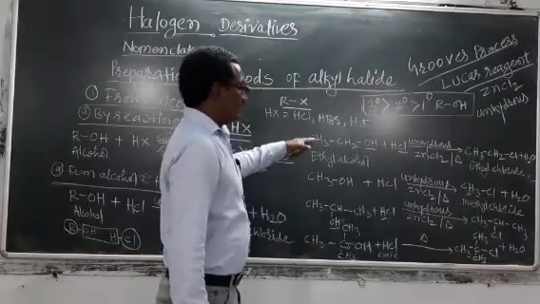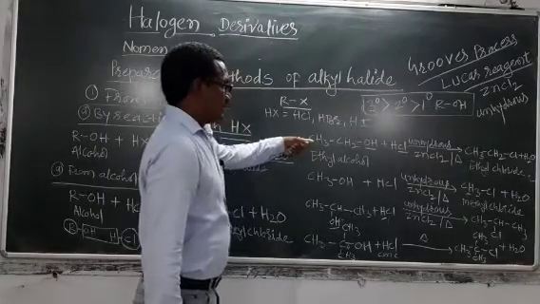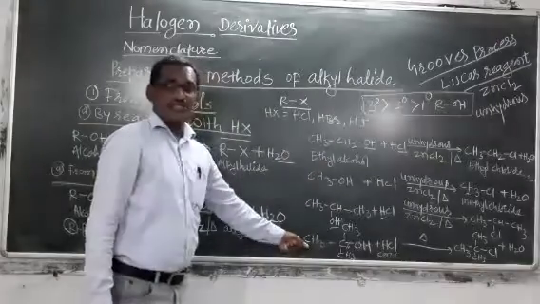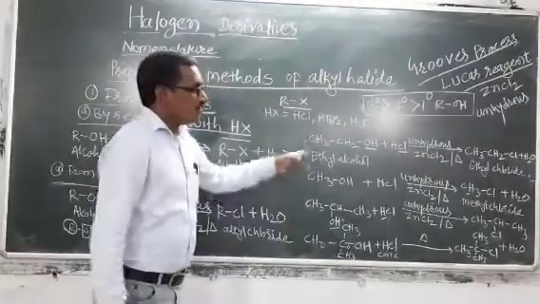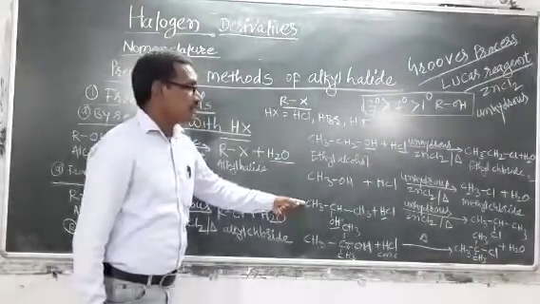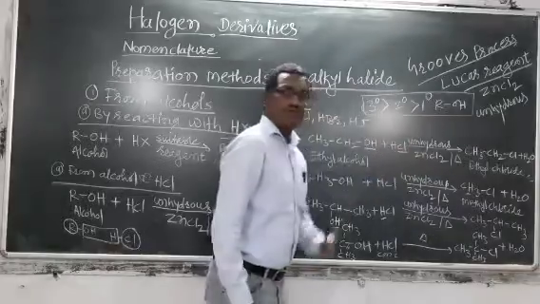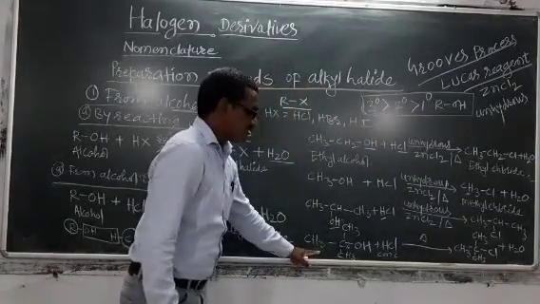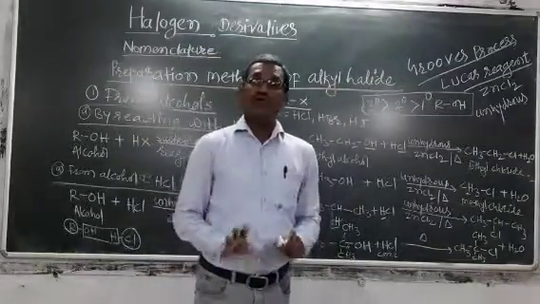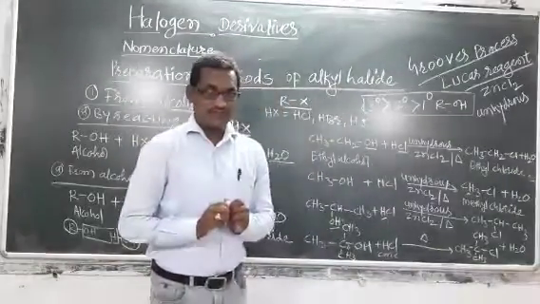Here is a primary alcohol, this is a secondary alcohol, and this is a tertiary alcohol. Look at these two examples. In these two examples we require anhydrous ZnCl2, and in the last example we don't require anhydrous ZnCl2. Why is this? That is the first question.